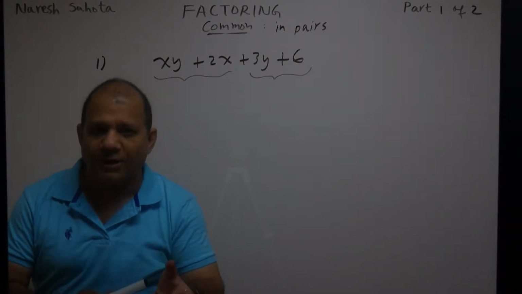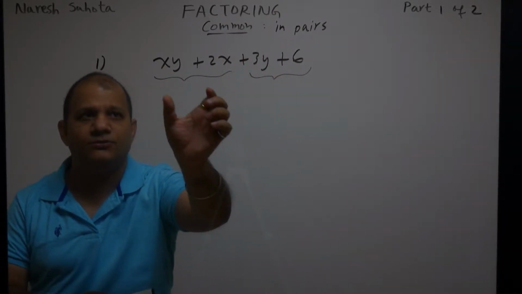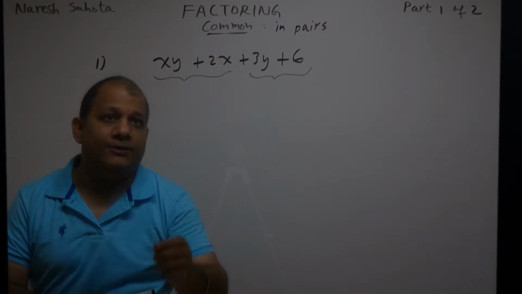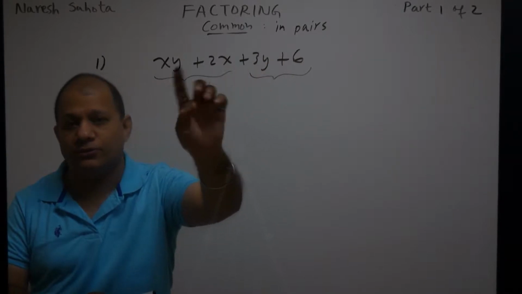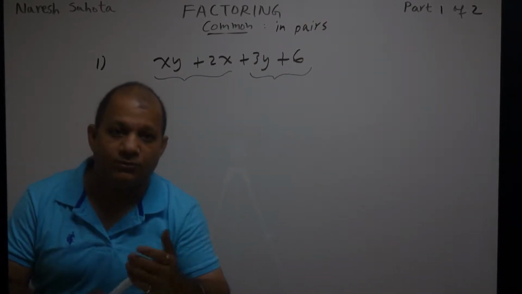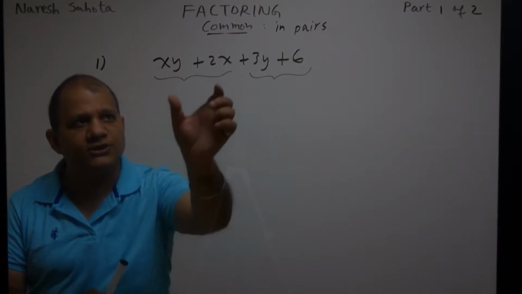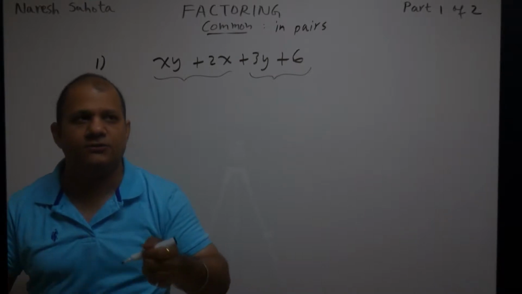It's trial and error. I choose the first two and the last two because the first two have an x in common. I could also try pairing xy with 3y because both have y in common. So let's pair the first two and the last two and see how far we get.